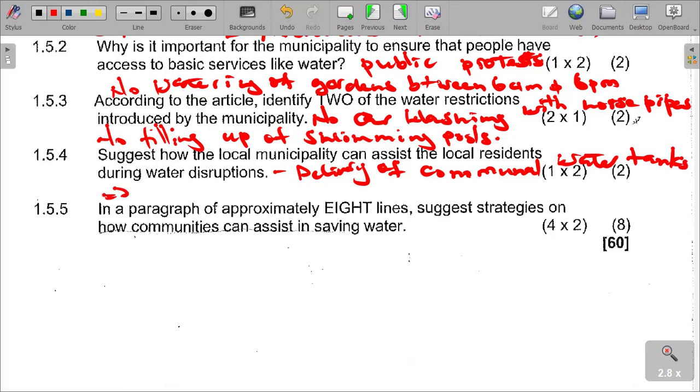We can also talk about the publication of daily outages. The municipality informs people through the publication of daily outages.